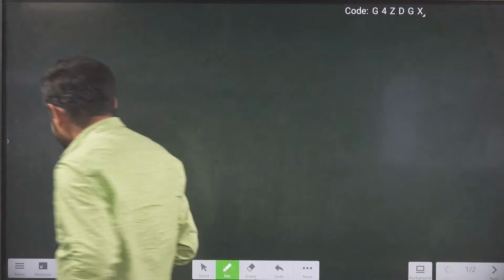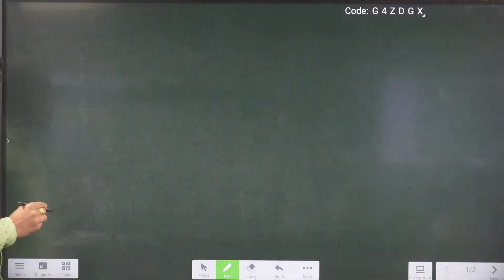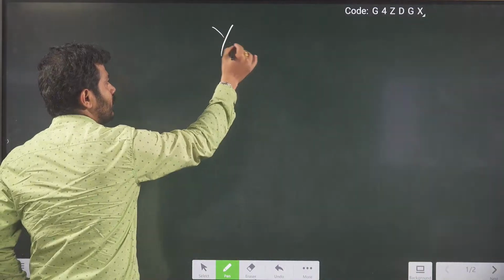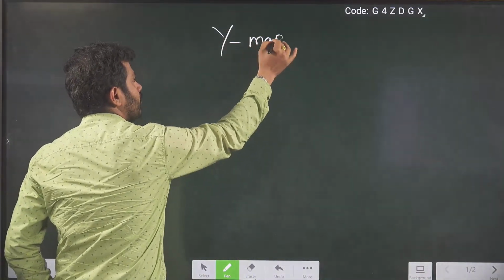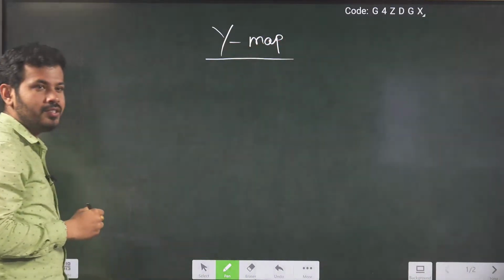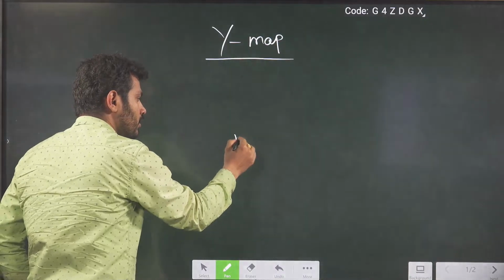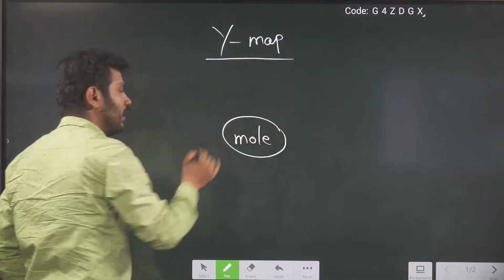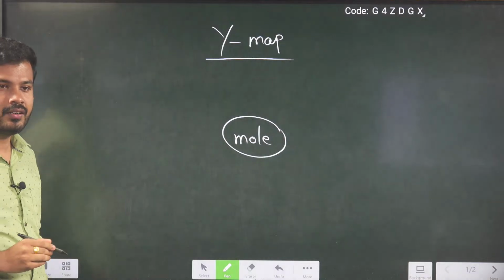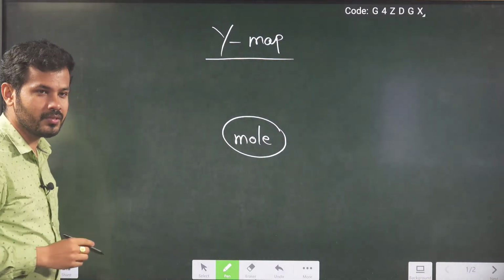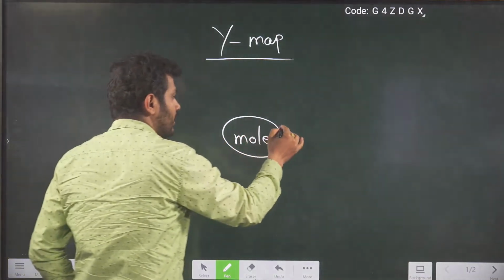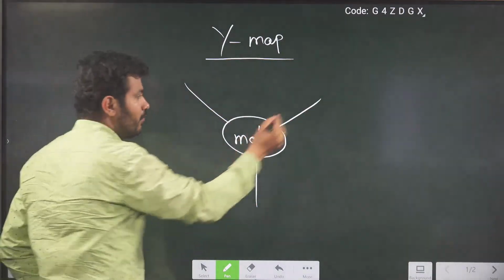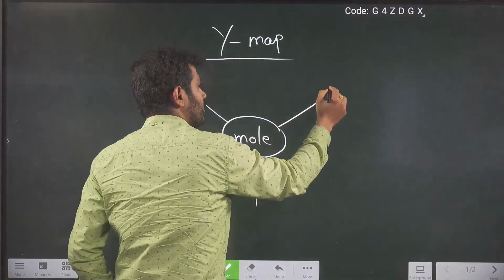If you remember, in the last class I told you what the Y map is. In the Y map, we have discussed that the mole is at the center and the mole has to be calculated from the given data. The mole can be related to different parameters like the mass.